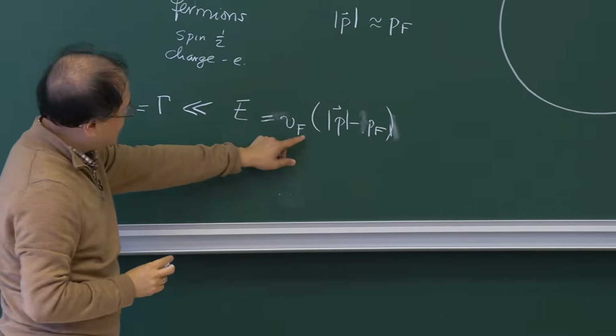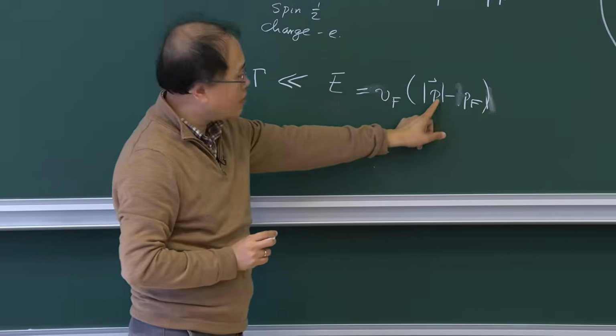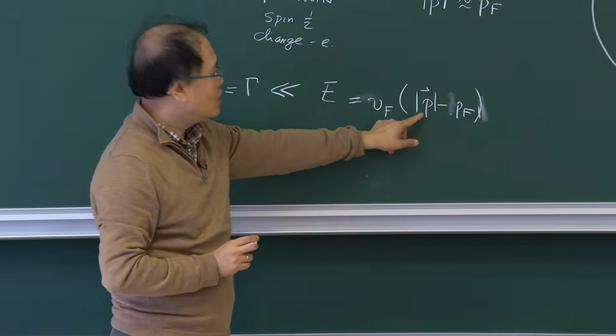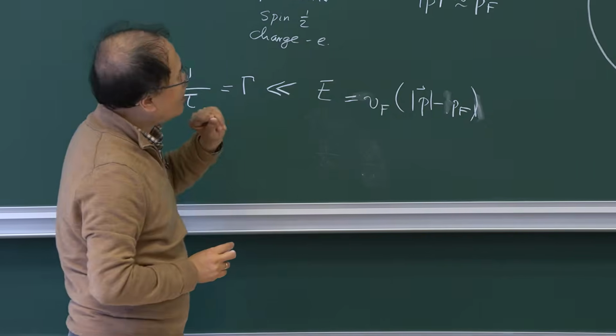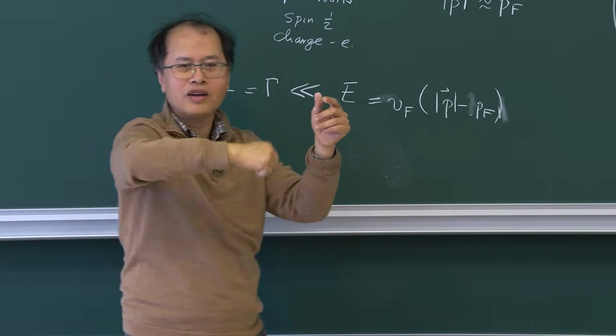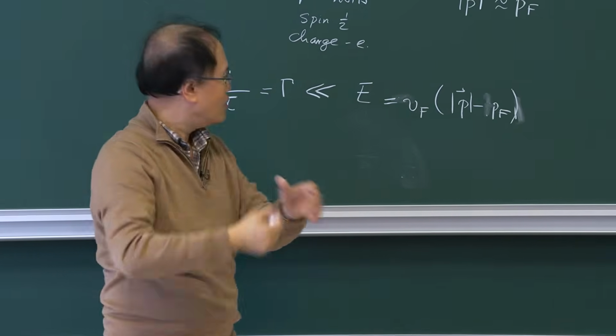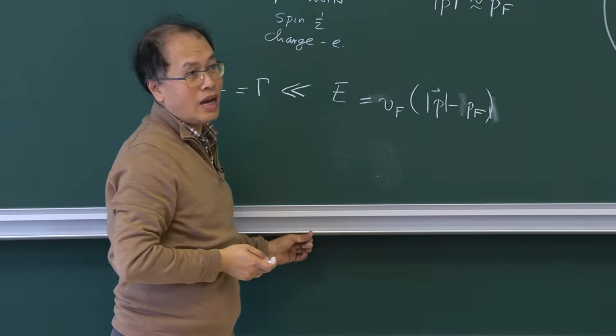So for Landau's quasi-particle, the assumption is that the energy is equal to 0 if the momentum is equal to Pf, and is linear if I go away from Pf. And if I go away in the inner direction, I excite not a particle but a hole. And a hole has energy that also looks like this formula with the opposite sign.